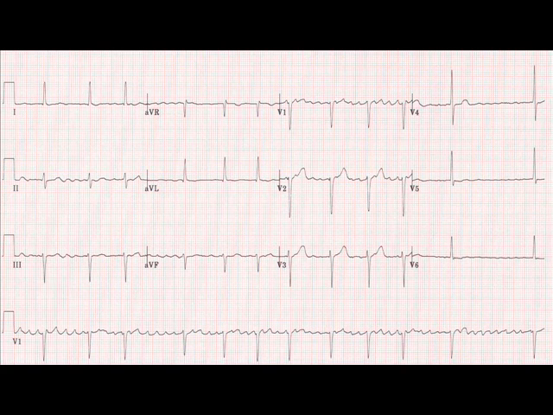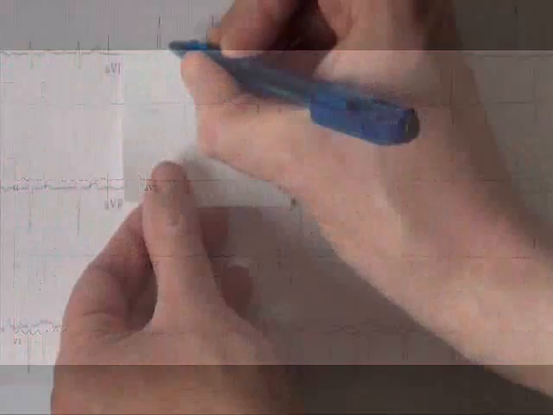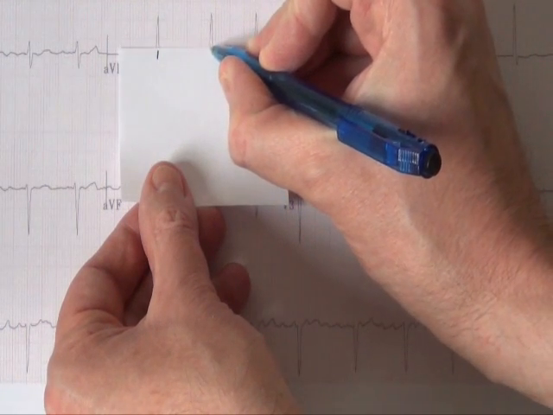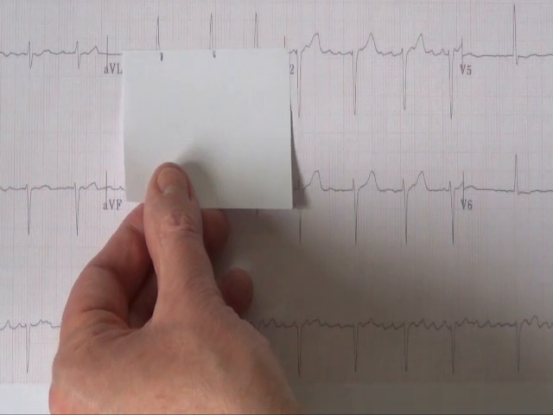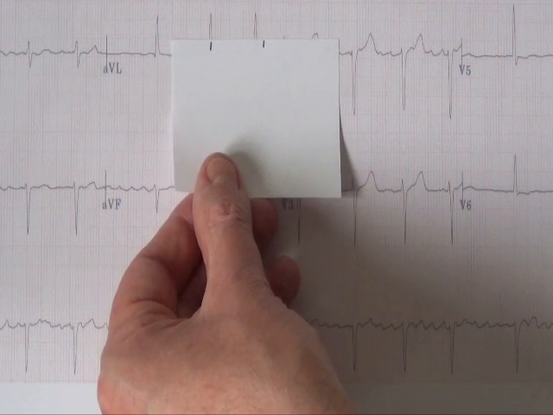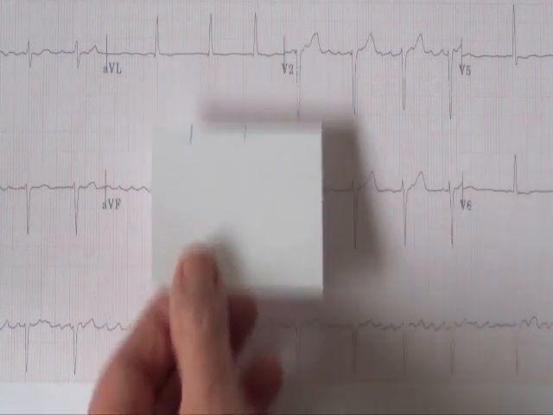What about the heart rate? Before you calculate the heart rate, you need to ascertain whether you've got a regular or irregular rhythm. To do that, you place a piece of paper, as you now know, over the 12-lead ECG, and you mark off 2 R waves next to each other. You move the piece of paper along, and subsequent R waves should align with those marks if it's regular.